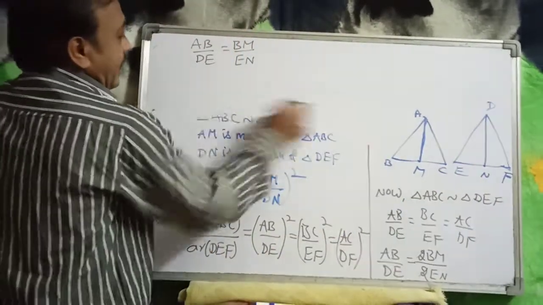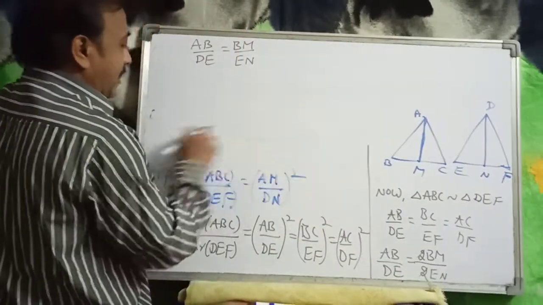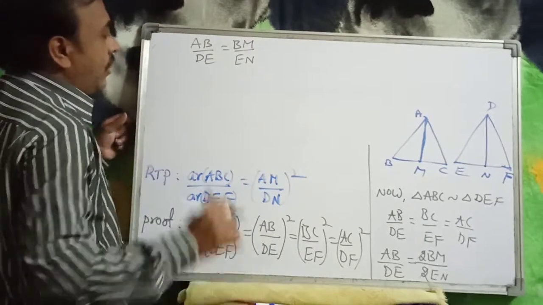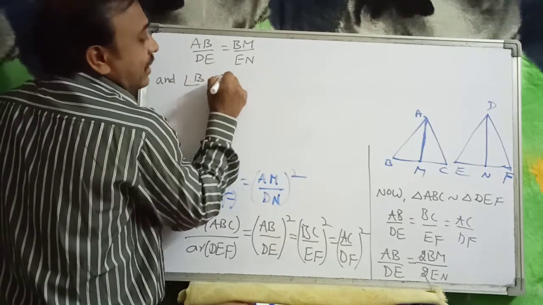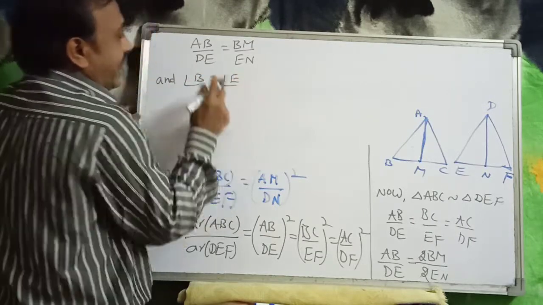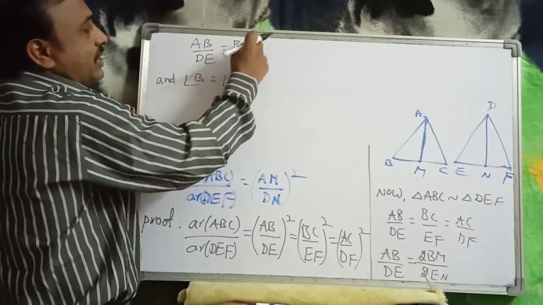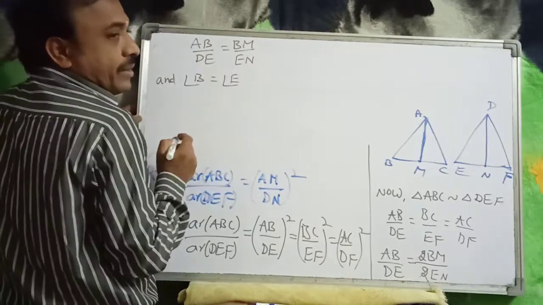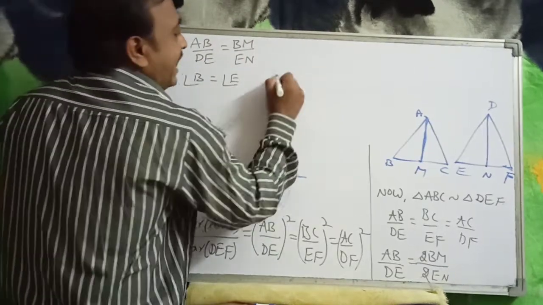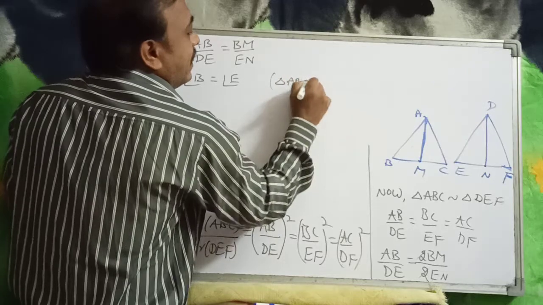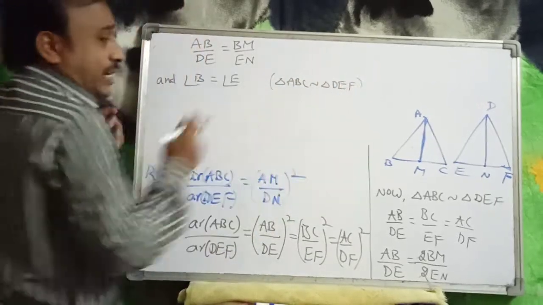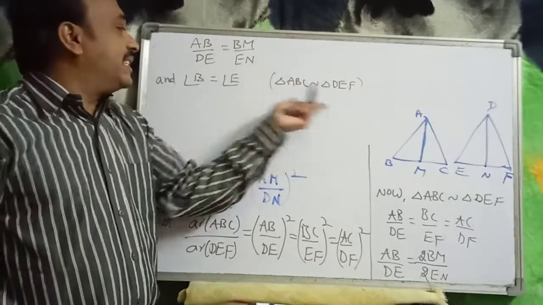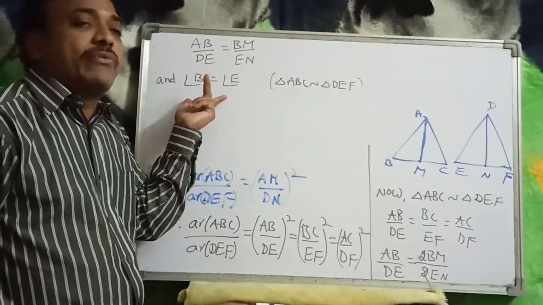Now in triangle, angle B is equal to angle E. Observe it. AB by DE is equal to BM by EN and angle B is equal to angle E, since triangle ABC is similar to triangle DEF. When triangles are similar, their corresponding angles are equal.